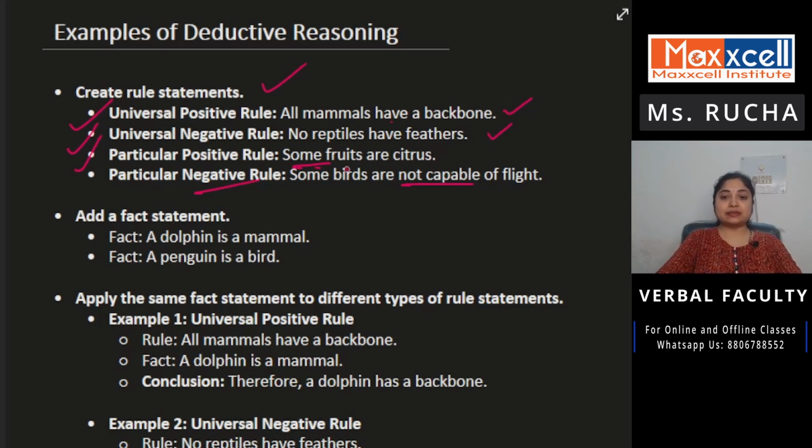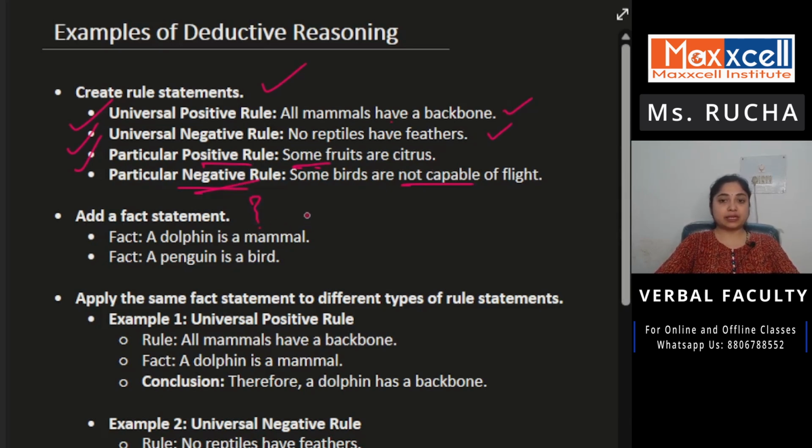And that is the reason this comes under the category of particular positive and particular negative. Now, what are fact statements? We already have taken examples of fact statements, but we haven't called them fact statements previously. Now, let us define them properly. A dolphin is a mammal.